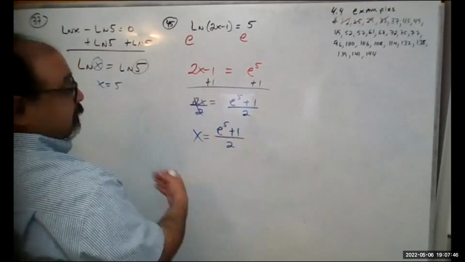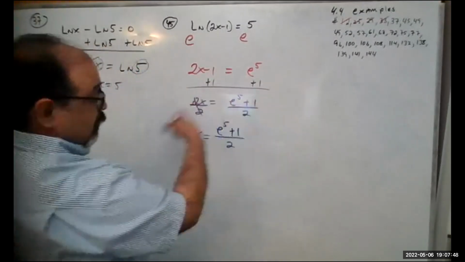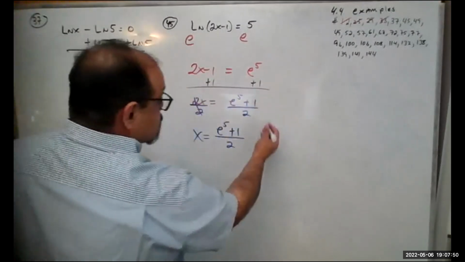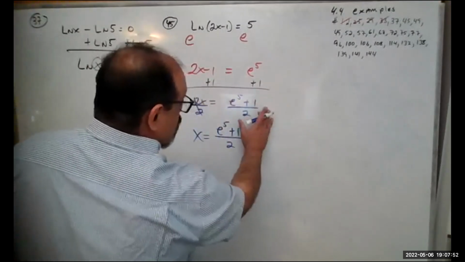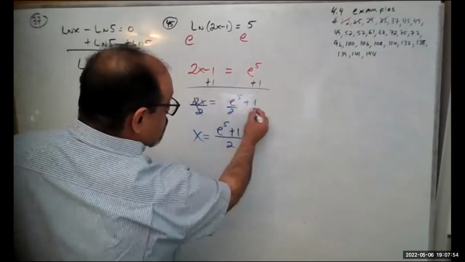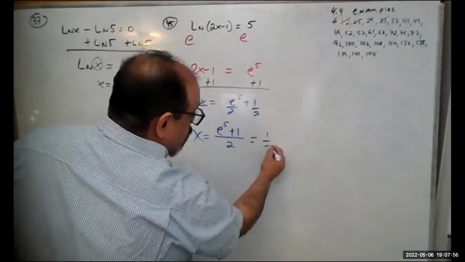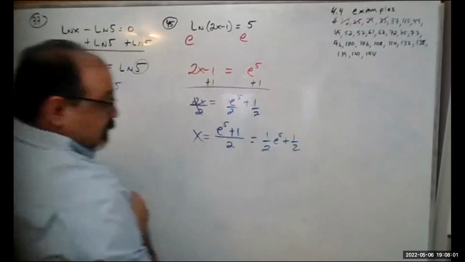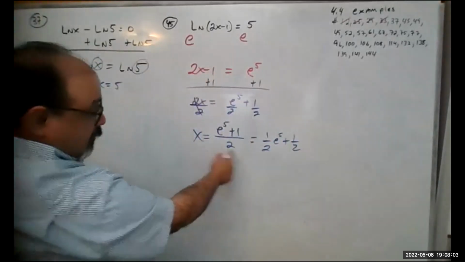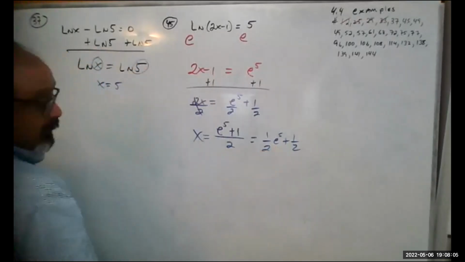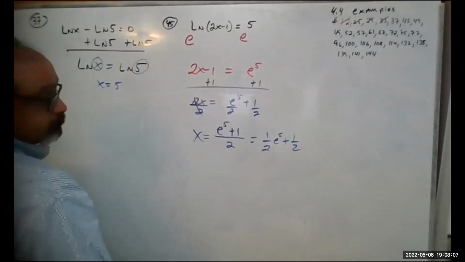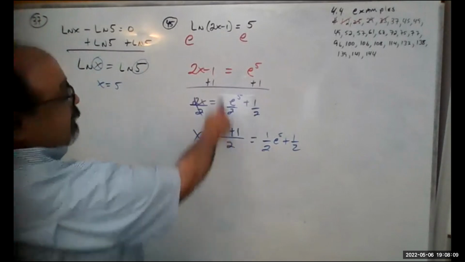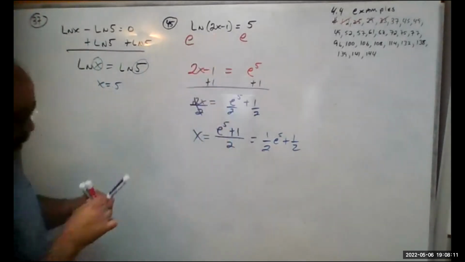Or if you're worried about factoring and simplifying, you could divide each term by 2, and that would be 1/2 of e to the fifth plus 1/2. Either way, they're both the same thing. This is the exact answer for that x.